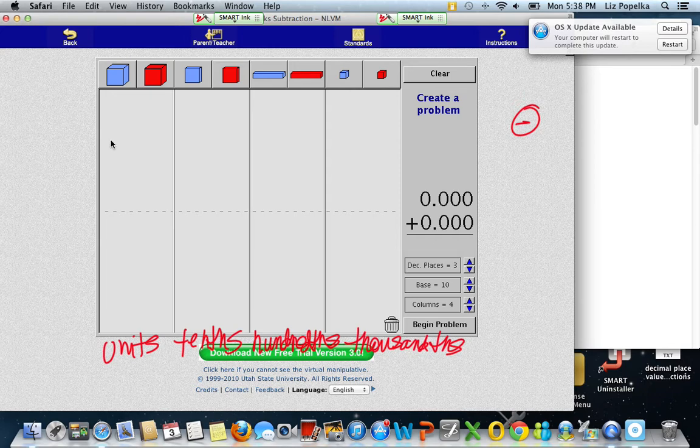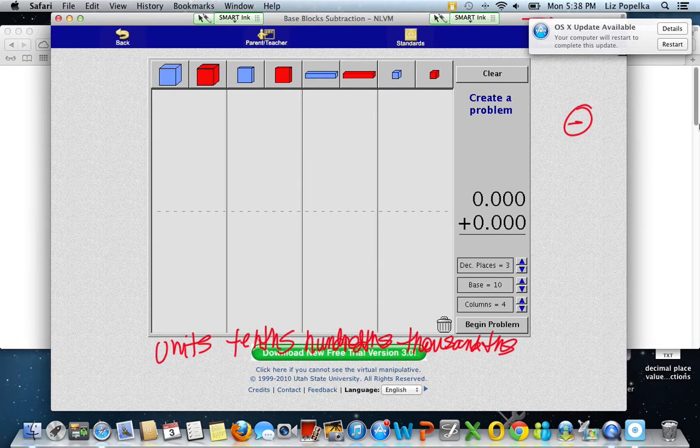So I'm going to use our base 10 blocks to model a negative decimal addition problem. I'm going to model the problem, and I'm speaking very unmathematically right now, just FYI, negative 1.75 plus a negative 1.006.